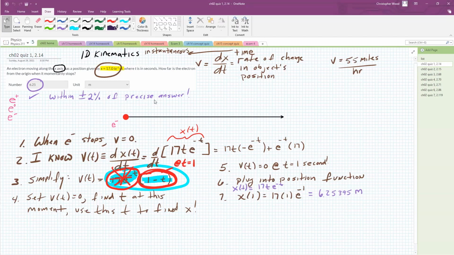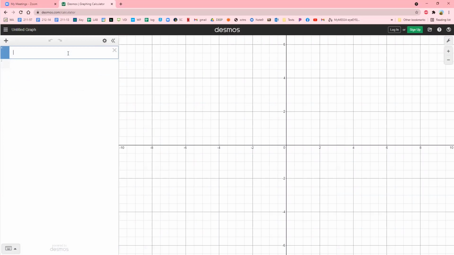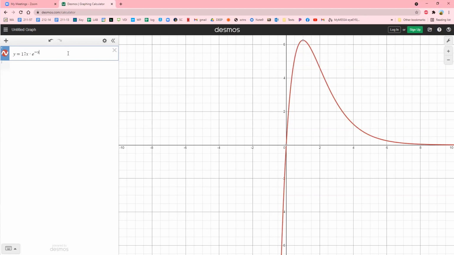Just do y equals 17t times e to the caret minus t. For this graphing application, the independent variable is taken as x, so instead of 17t e to the minus t, I'm just using 17x e to the minus x.